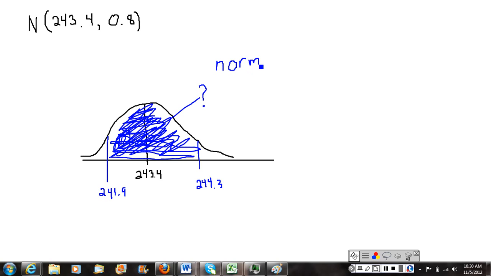And I apologize for my handwriting on this computer screen here, norm CDF. And when we do norm CDF, we need to input 4 values. So the first value we want to input is the left-hand boundary of the area of interest. So it's going to be that 241.9. The second number we enter is the right-hand boundary of that area of interest, so the 244.3.